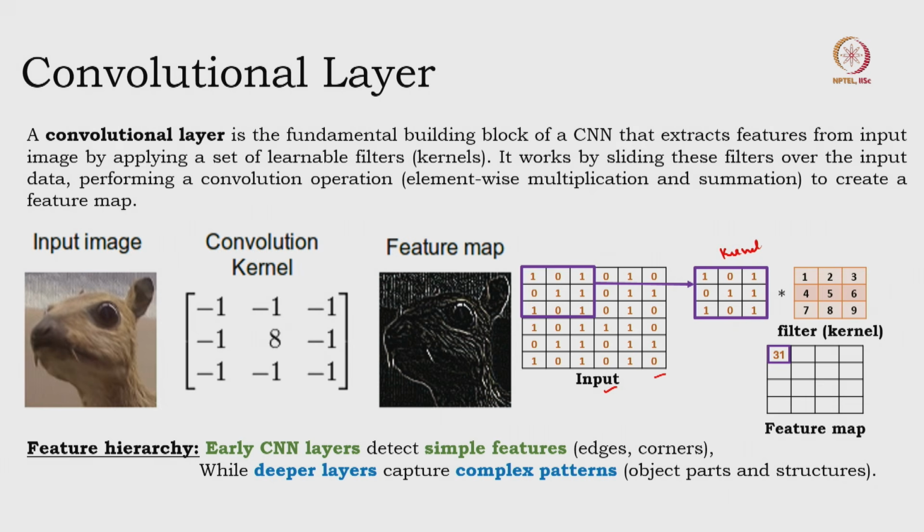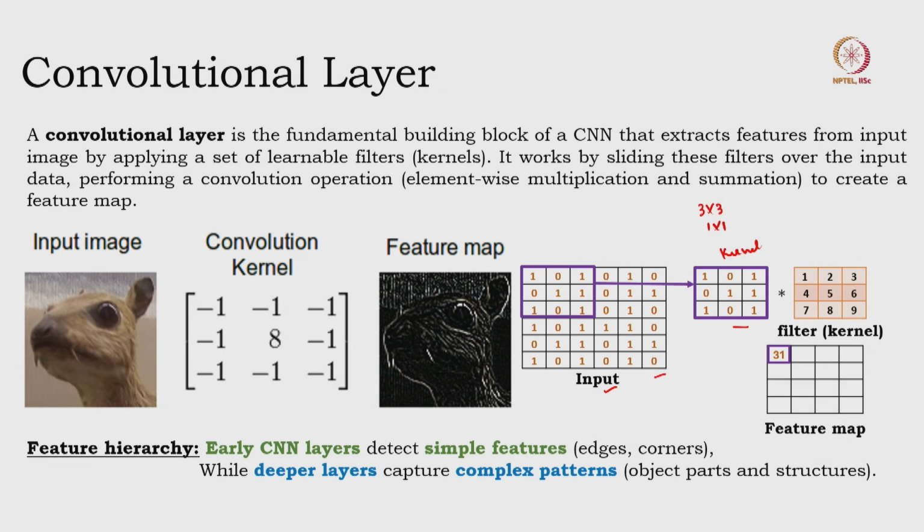This kernel is a matrix, so definitely we will take a kernel size smaller than the input size. And here we always try to use an odd size kernel. So, what is an odd size kernel? It is 1 cross 1 or 3 cross 3. It is not only this.